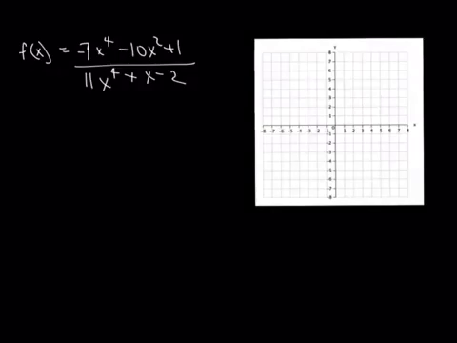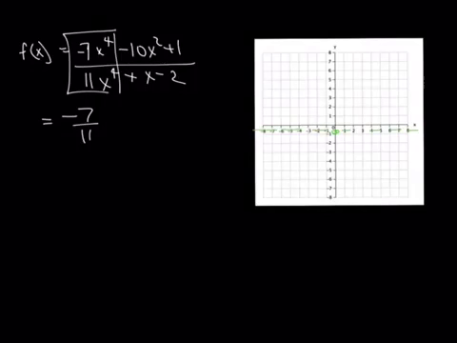When it says find the horizontal asymptote, it makes it real simple there. The horizontal asymptote is negative 7 over 11, so we go to negative 7 over 11 and draw a dotted line horizontally. If we have a graph above and below, it will come up to it, but it won't cross it.